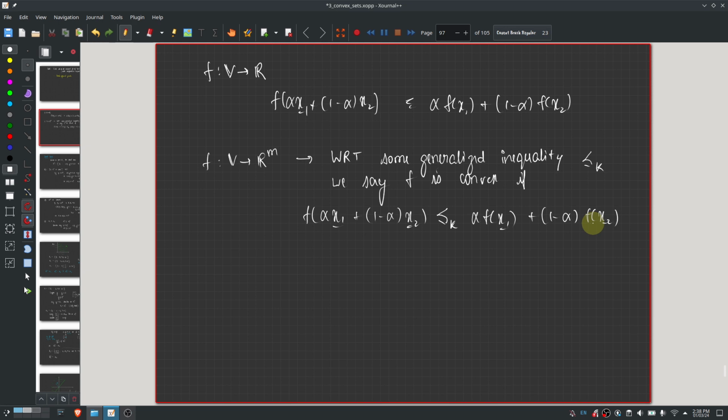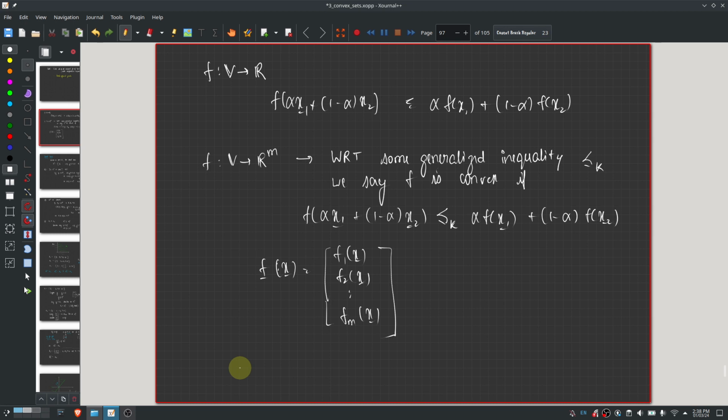So for example, suppose that f is a composition of m functions. So f of x, let's say that it is a function from Rn to Rm. You can write this as f1 of x, f2 of x up to fm of x.